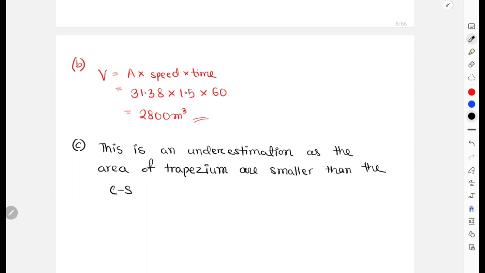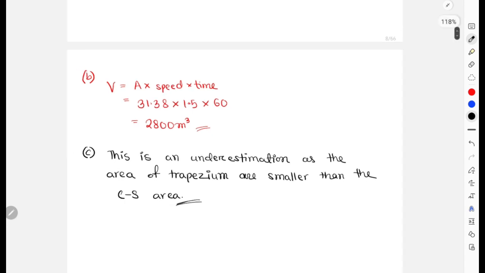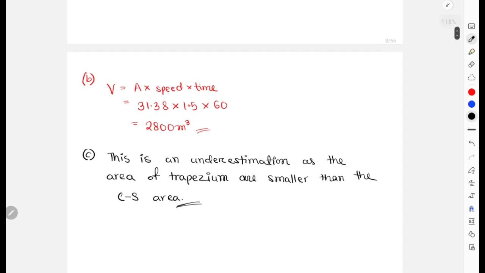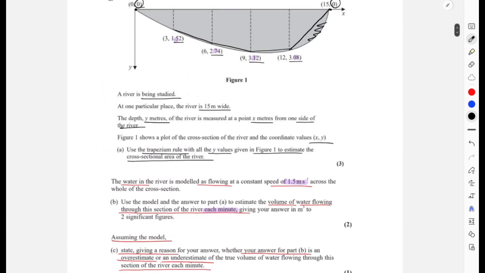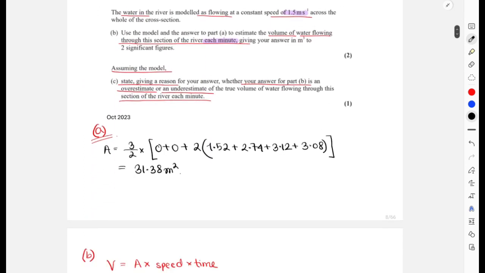I'll just write CS area, okay? CS means cross-sectional area. Now you cannot write CS in the exam. I'm just writing this to save some time. So yeah, this is it for your trapezium rule. We'll move on to your next part.